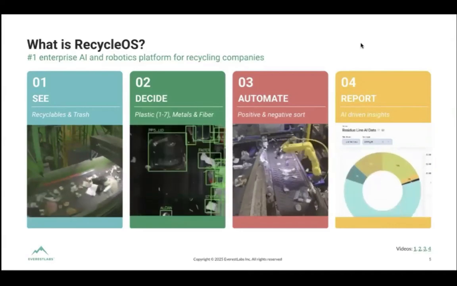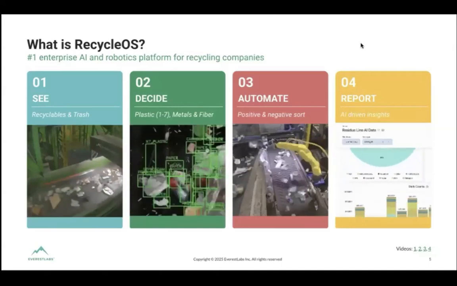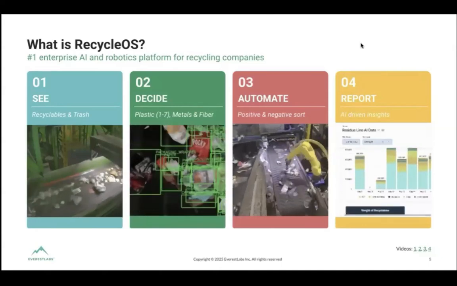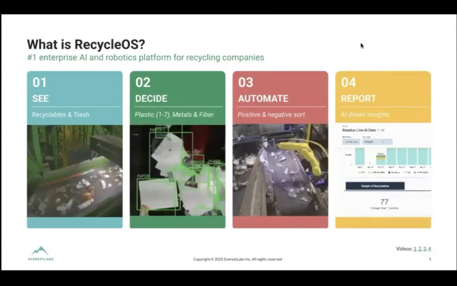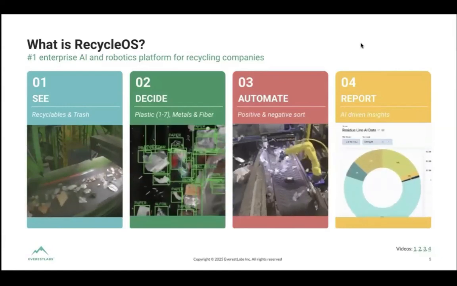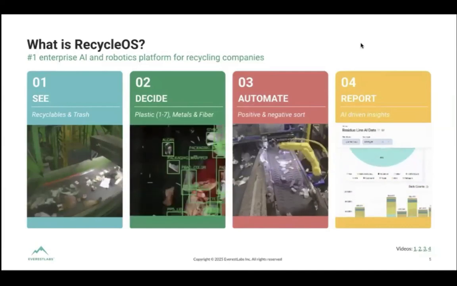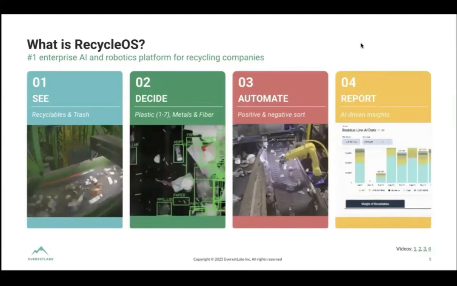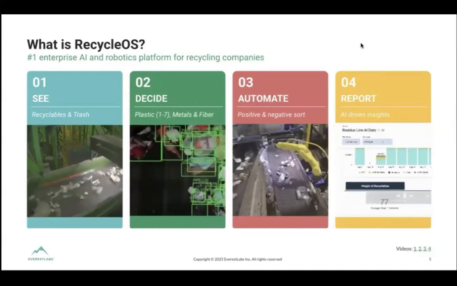Lastly, all of that data is converted into analytics on customizable dashboards, which allow operators to get real-time insights through a cloud-based platform or in automated reports that can be sent directly to your operators and your MRF managers.